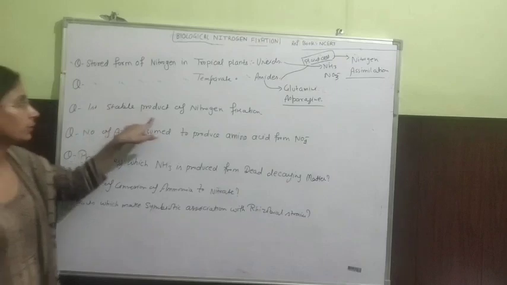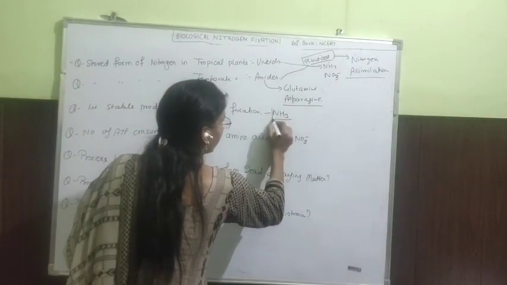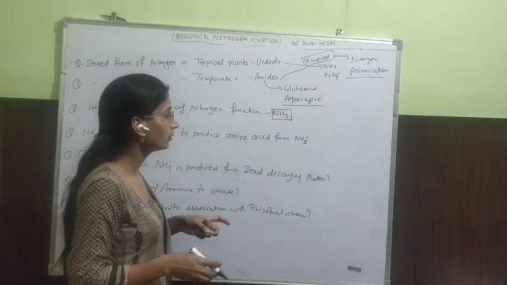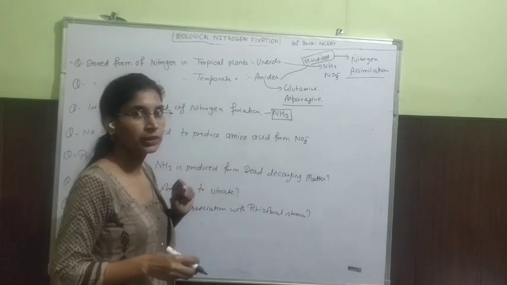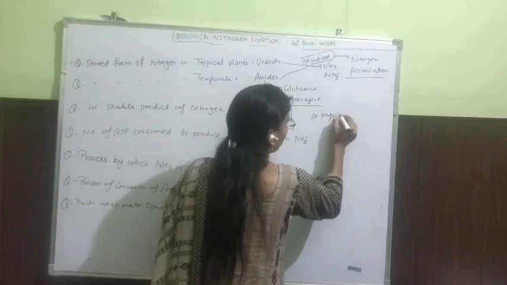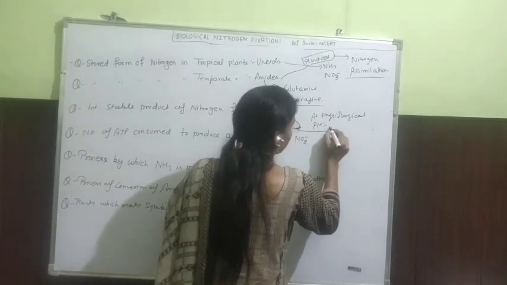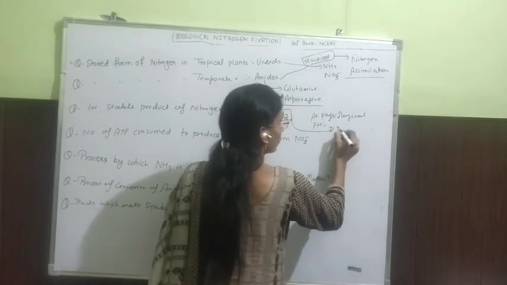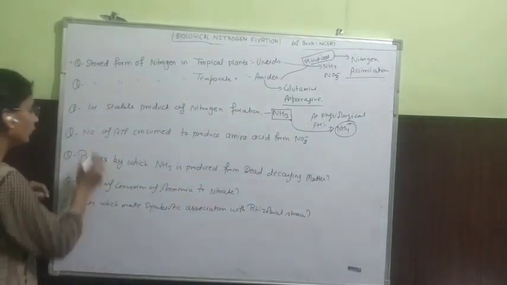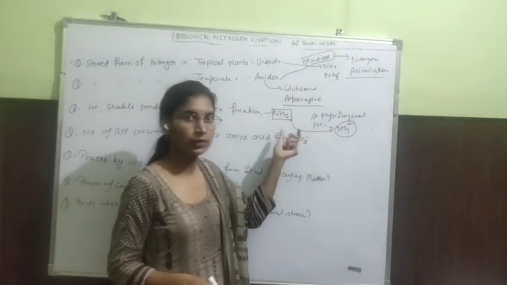Next, the first stable product of nitrogen fixation is ammonia. A question can be, in which form is ammonia present at physiological pH? At physiological pH, ammonia is present in the protonated form.